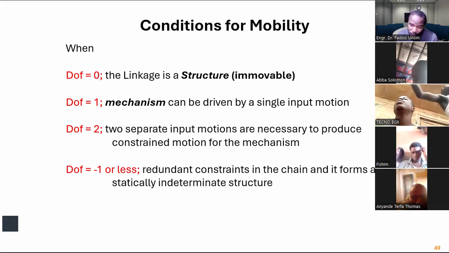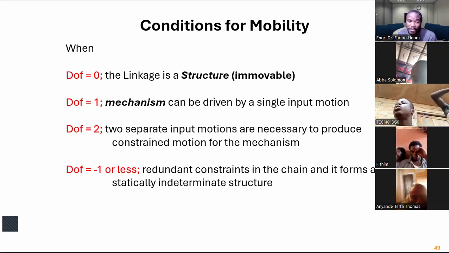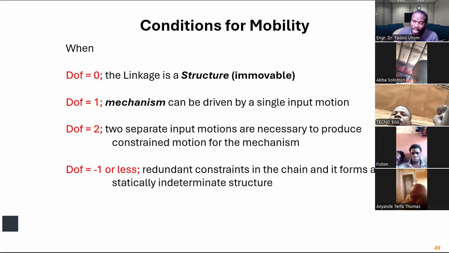If the degree of freedom is 2, then you need 2 different inputs to describe the motion of that mechanism completely. And if the degree of freedom is -1 or less, then the structure is statically indeterminate. We cannot determine. So let's do examples again.